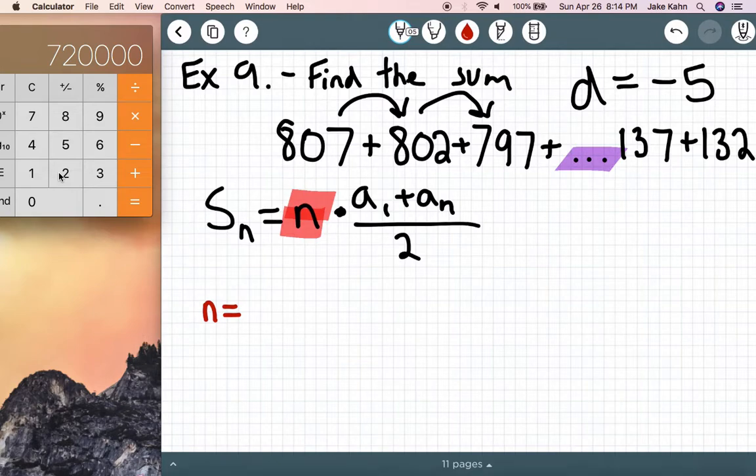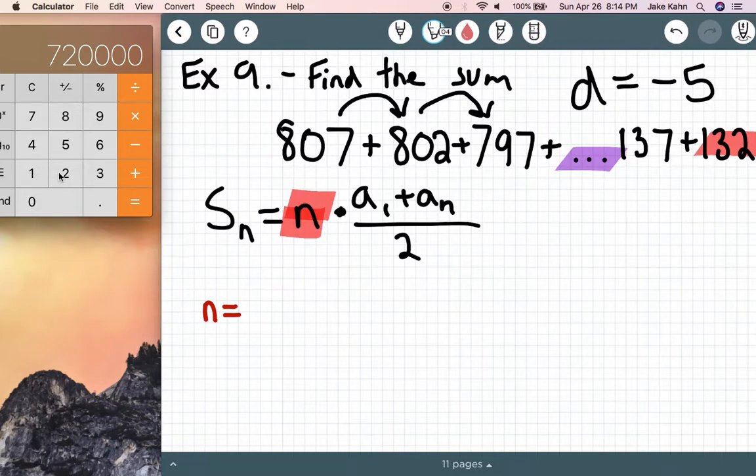Well, this is a really hard question to figure out, right? Because we have 807, 802, 797, and it continues a long time through the 600s, the 500s, the 400s, the 300s, the 200s, until we reach 132, right? 132 is our last number. So how many numbers are in this series between that start number of 807 and that end number of 132?